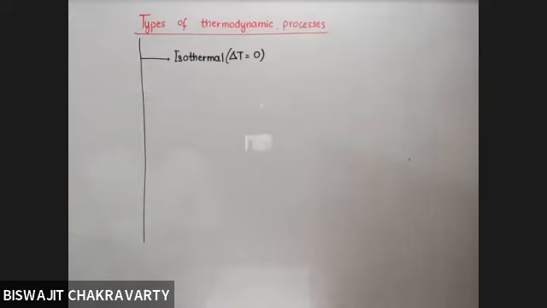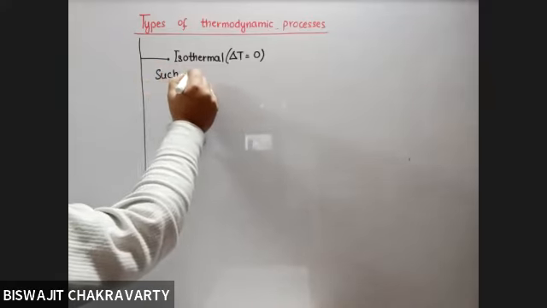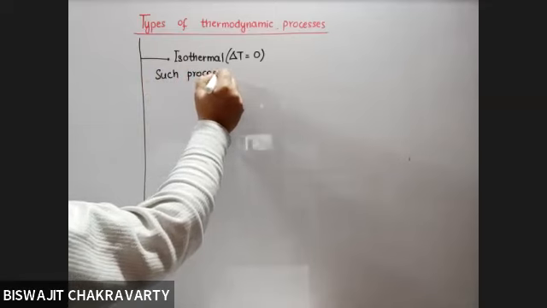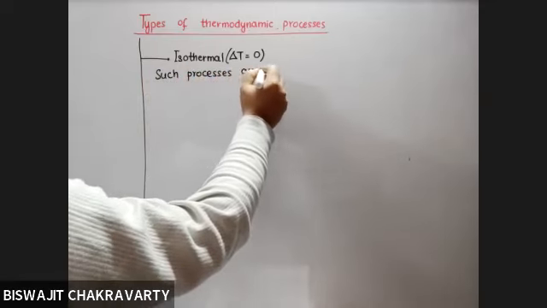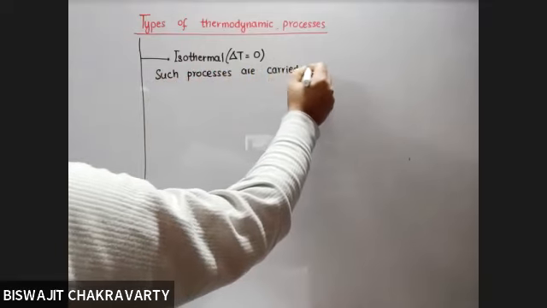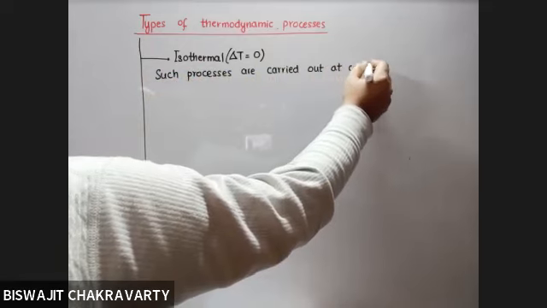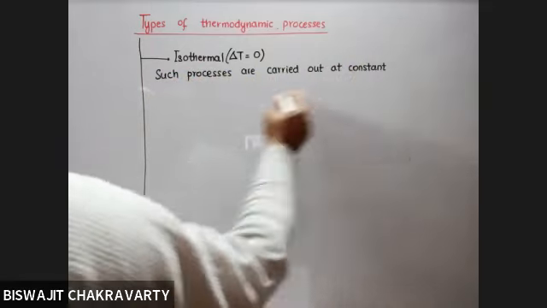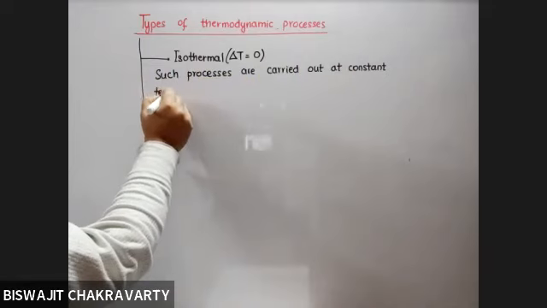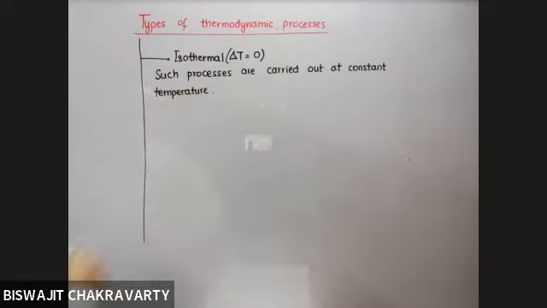And hence we can say that such processes are carried out at constant temperature, so that there is no change in the temperature, the delta T will become 0. Delta means change, T means temperature.